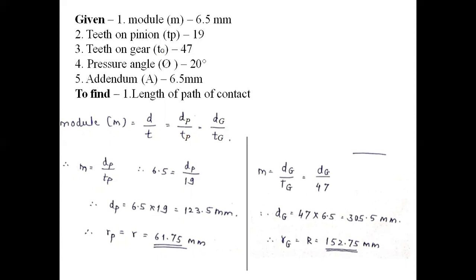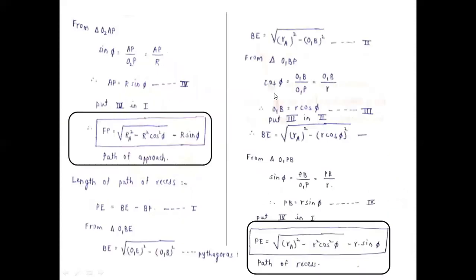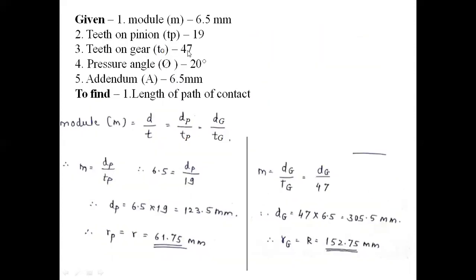As the pinion is the smaller diameter wheel, we are assuming that 19 is the number of teeth of the pinion, and the gear, having the larger diameter, will have more teeth than the pinion. So we assume 47 is the teeth of the gear and 19 is the teeth on the pinion. Pressure angle is 20 degrees and addendum is given as 6.5 mm.